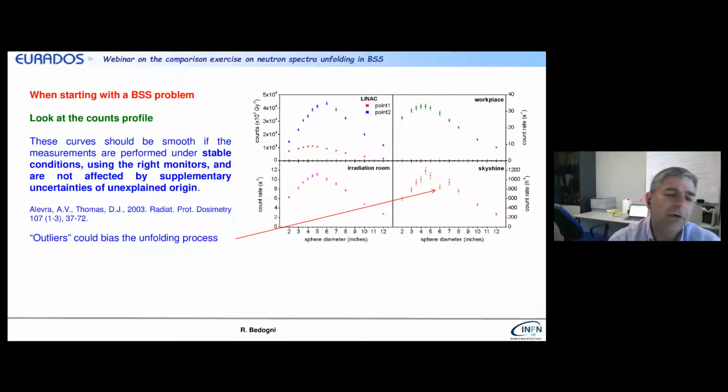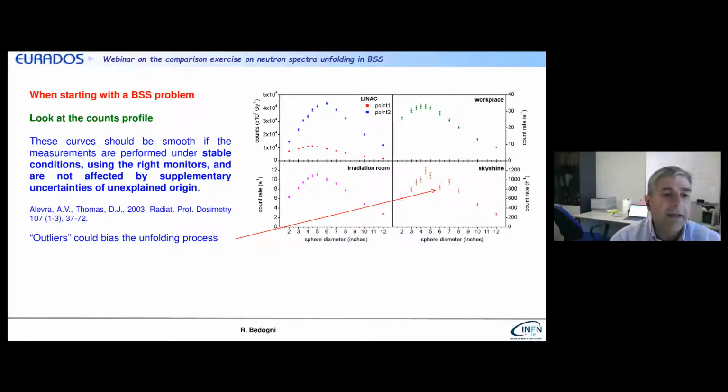What does it mean? You know that, for example, sometimes when we perform a measurement in particle accelerators, we cannot rely on the stability of the source as if we were in front of a radionuclide source. In particle accelerators, we need a beam monitor, and sometimes the beam monitors that we may use or that we may propose for the experiment can be affected by bias.